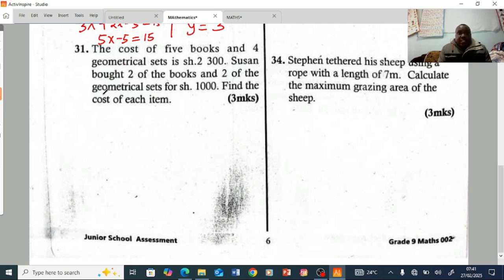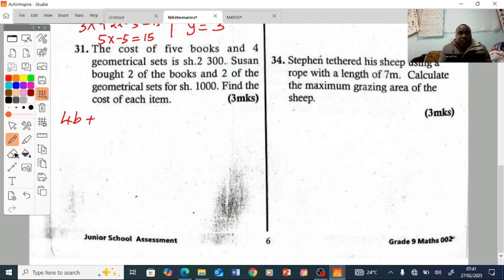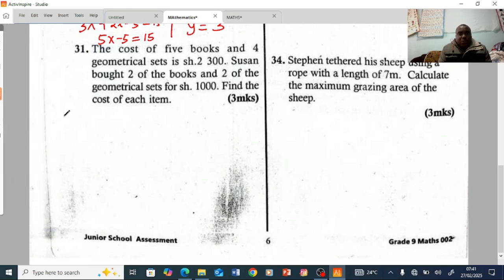So let the cost of 5 books be 5b, plus 4 geometrical sets, for g per geometrical set, will cost 2300.